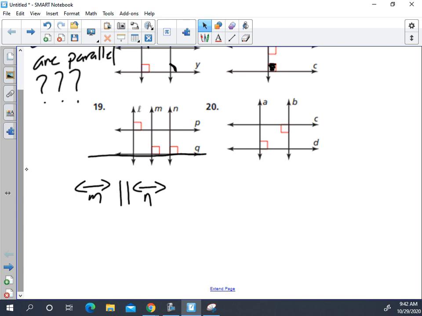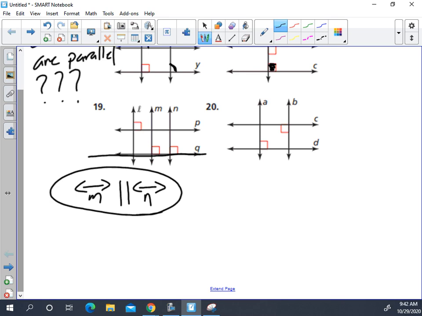We don't have enough information. How about P and Q? Do you know anything about those two? The only thing you know about P is that it's perpendicular with L. So really, there's nothing else.